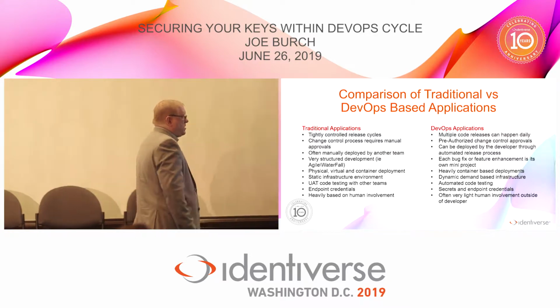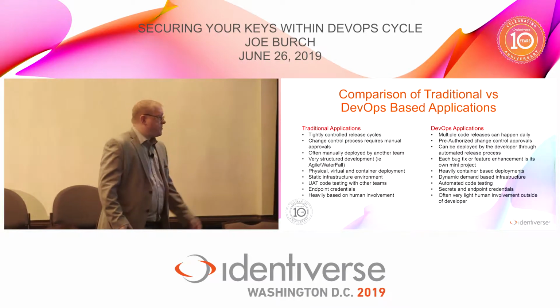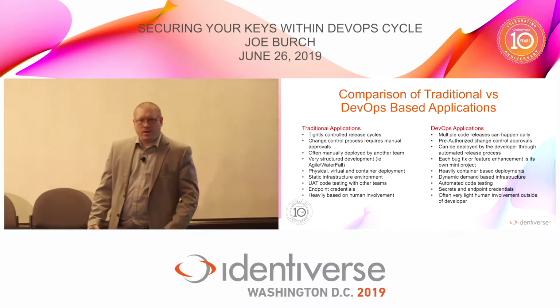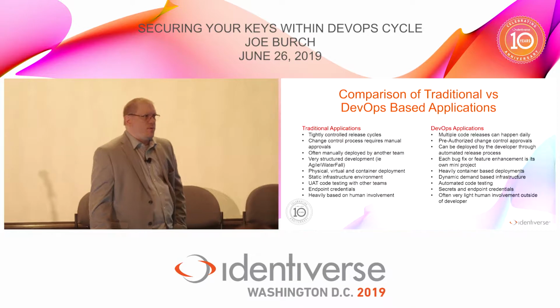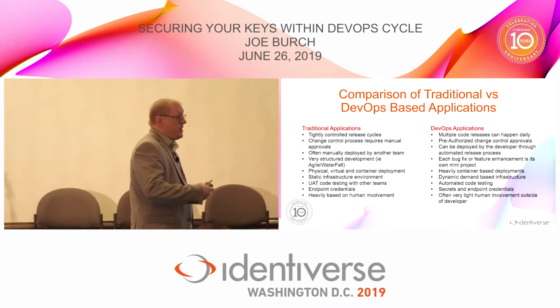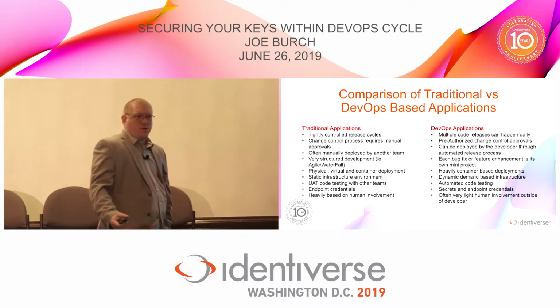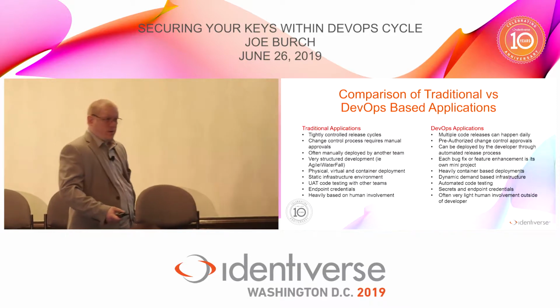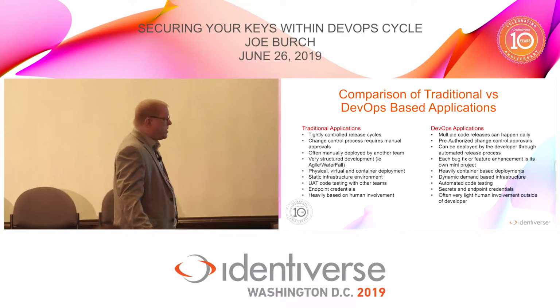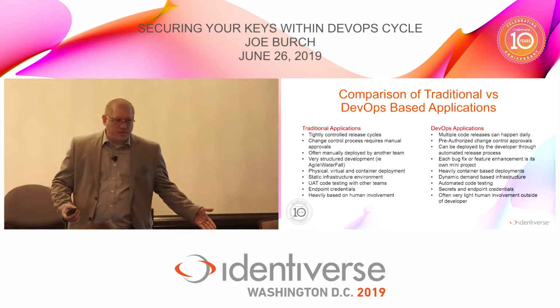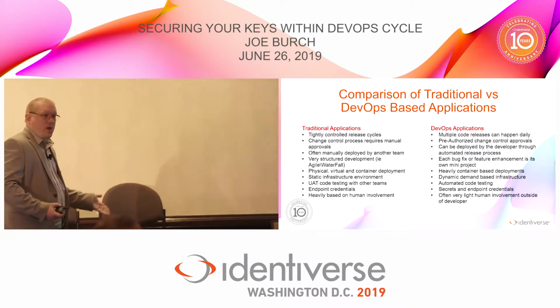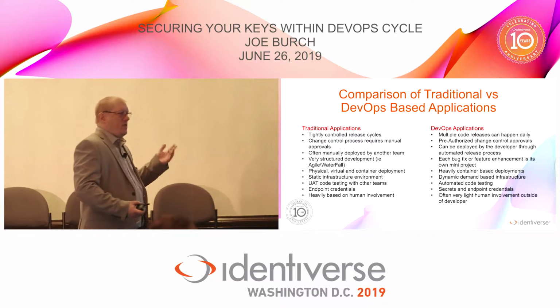And again, we have different credentials here. We have secrets and endpoint credentials. Endpoint credentials, in this case, would be anything on, say, a database. It could be a Windows OS account or a Unix OS account or something of that nature. Secrets could be API keys, something very short-lived, or it could be long-lived.